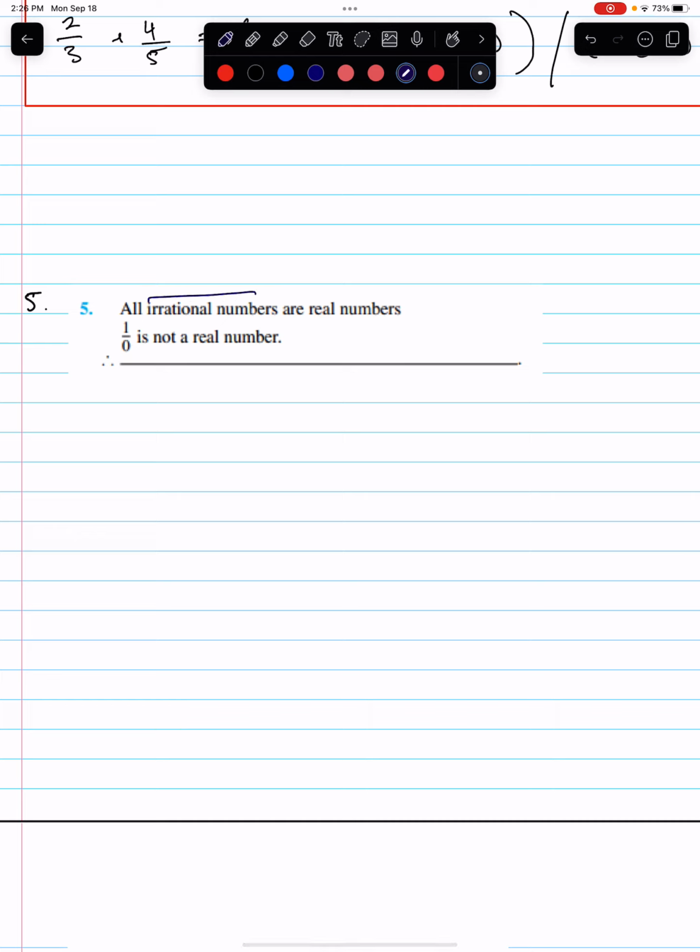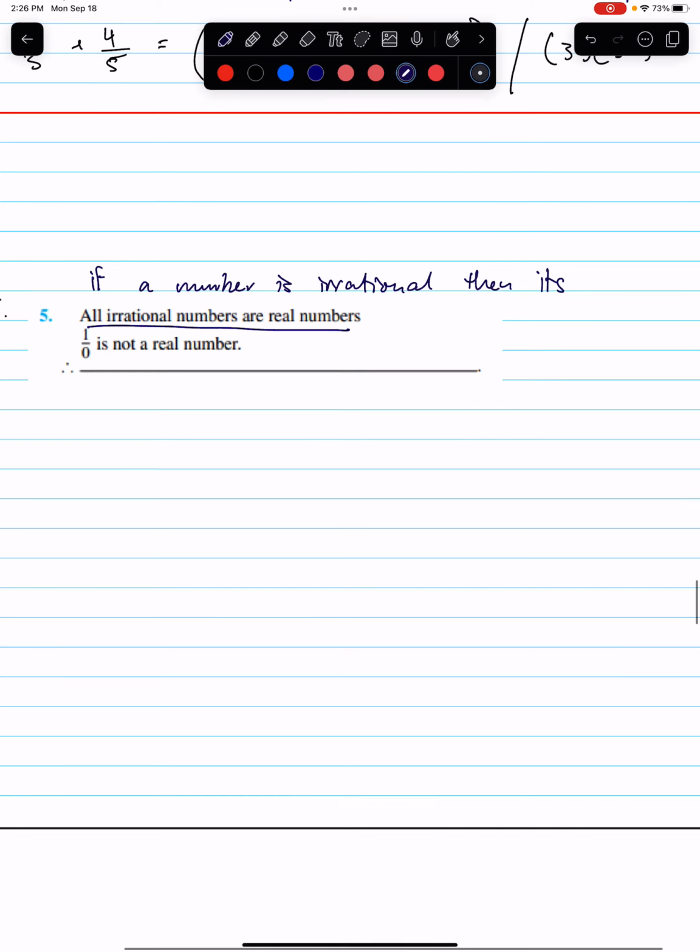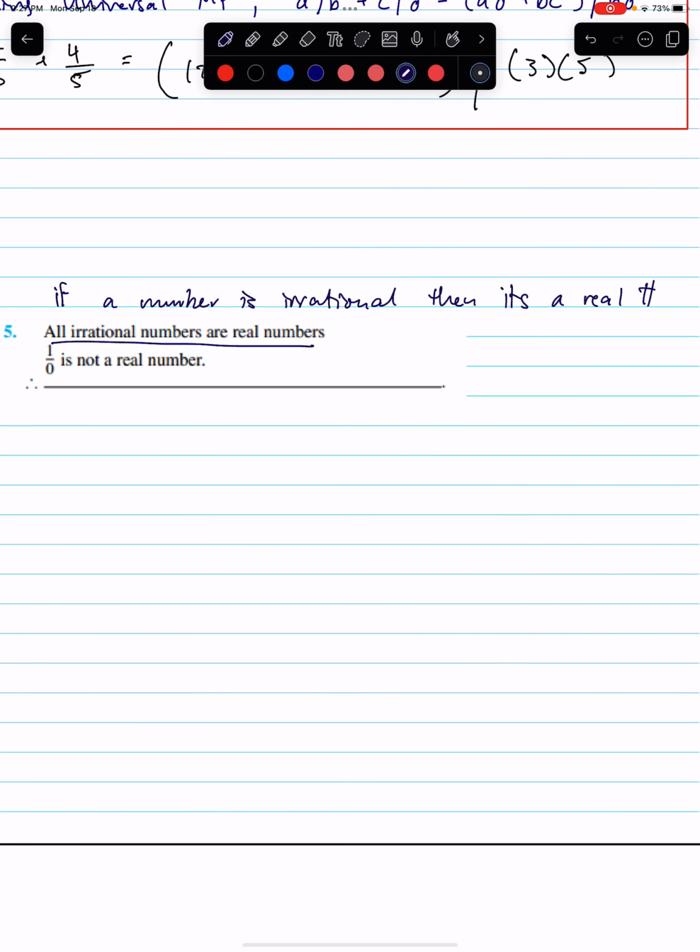They've given us P, and we have Q. So we'll just say P then Q. Even though they don't explicitly say if then, you could just think of it like if a number is irrational, then it's a real number. If you can write it into if then, it is if then. So this is P then Q.